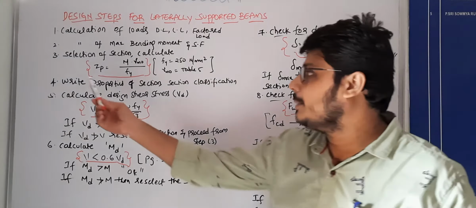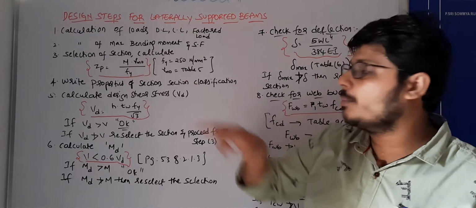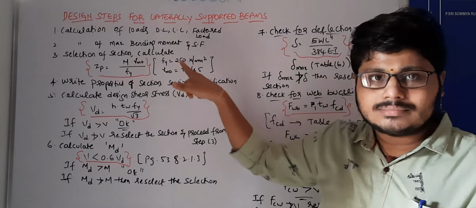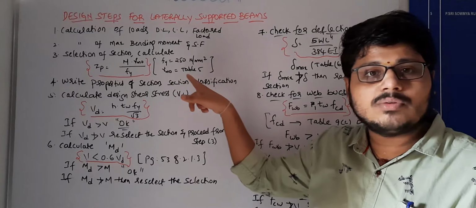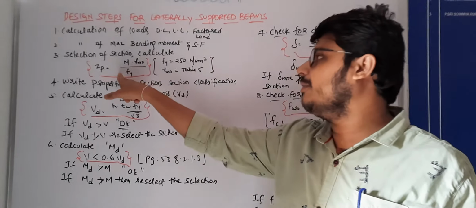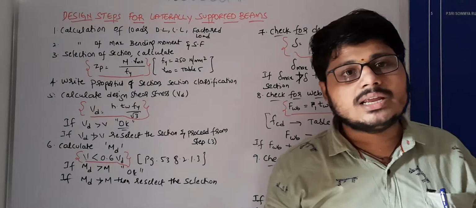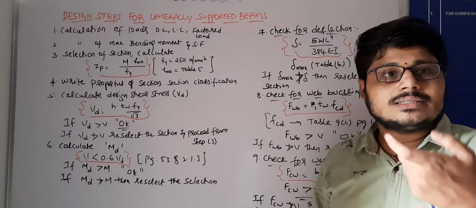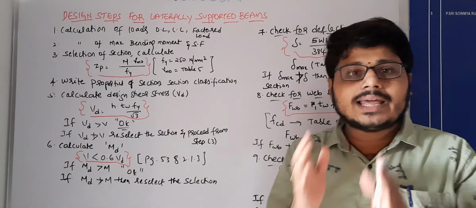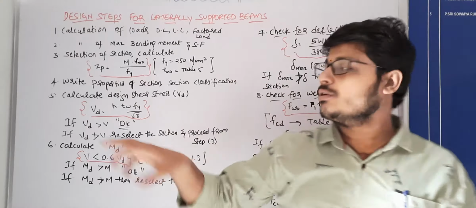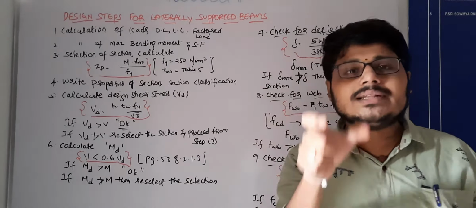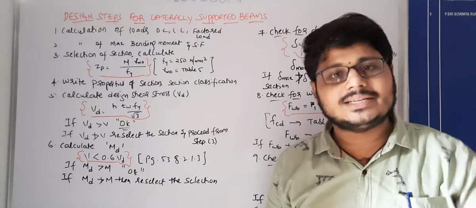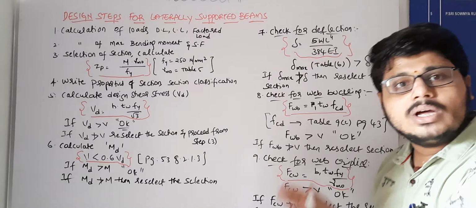ZP is equal to M into gamma M naught by Fy, where M is the maximum bending moment, gamma M naught is from Table 5, value 1.1 or 1.25, and Fy is the characteristic strength for steel, 250. By calculating the plastic section modulus, we select the section, ISMB, ISLB or ISHB, and continue the problem.